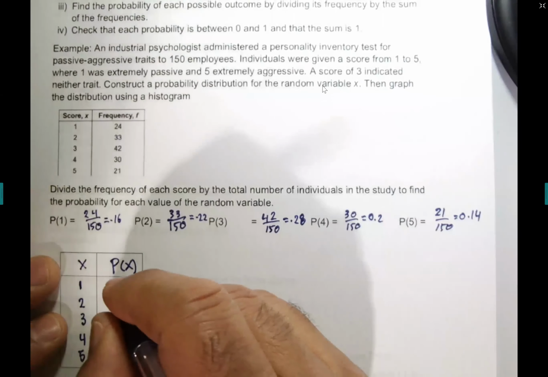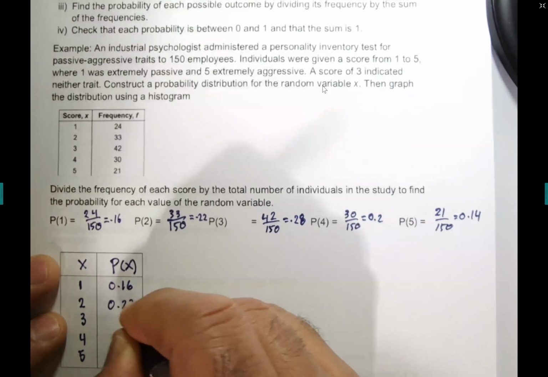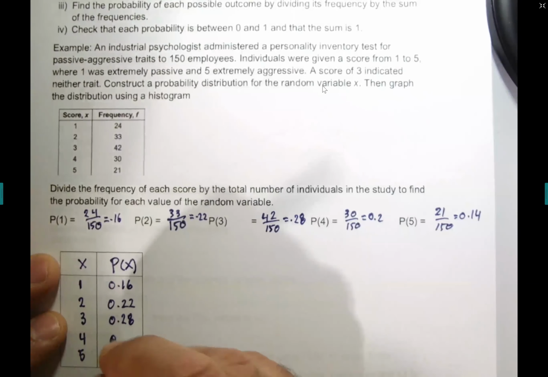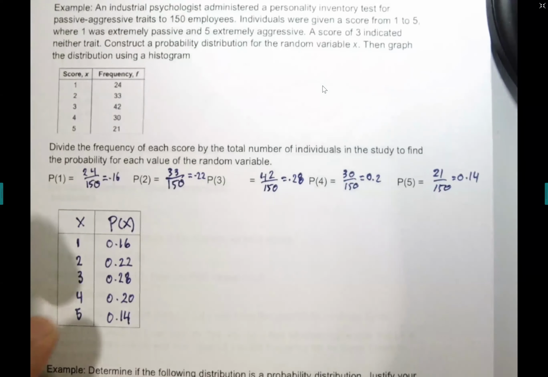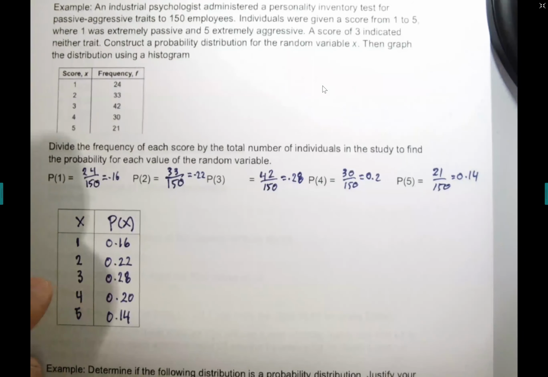So that will be 0.16, 0.22, 0.28, 0.20, and 0.14. This is called a discrete probability distribution table.